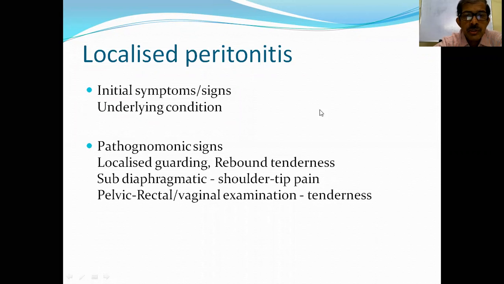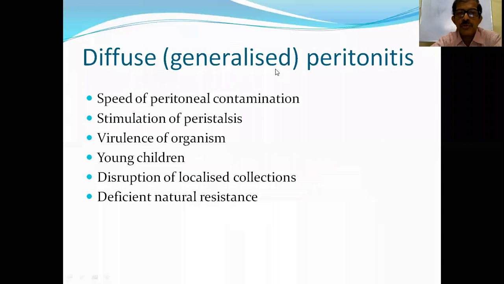So that's how we can diagnose localized peritonitis. Basically, the symptoms will be of that condition that is producing inflammation, whereas signs are there: guarding, rigidity, tenderness, and others. Whereas diffuse, what are the reasons for diffuse peritonitis?